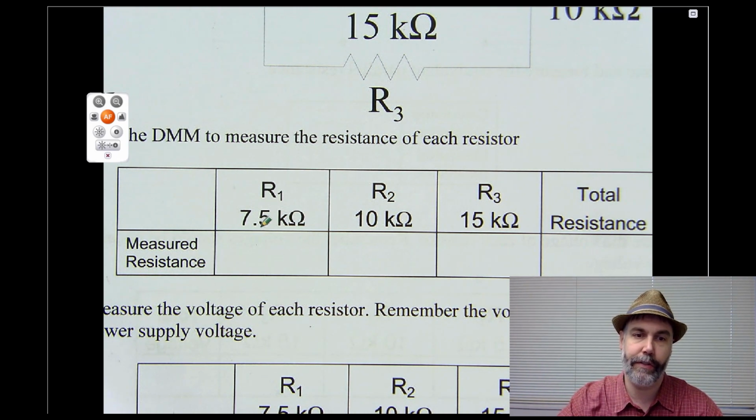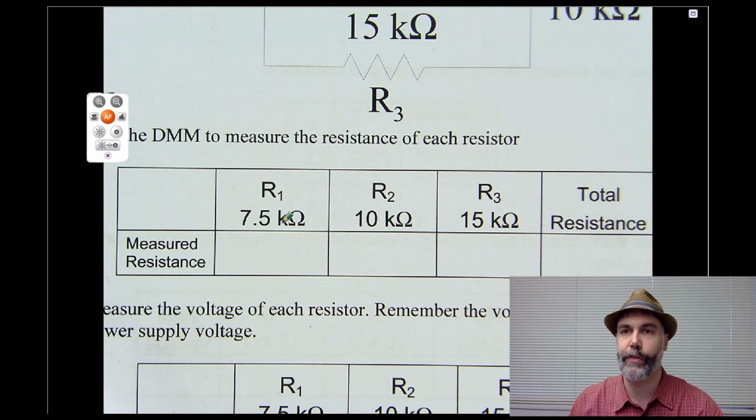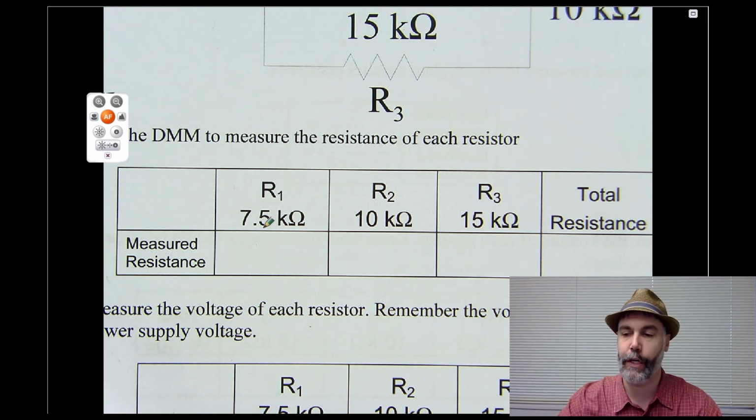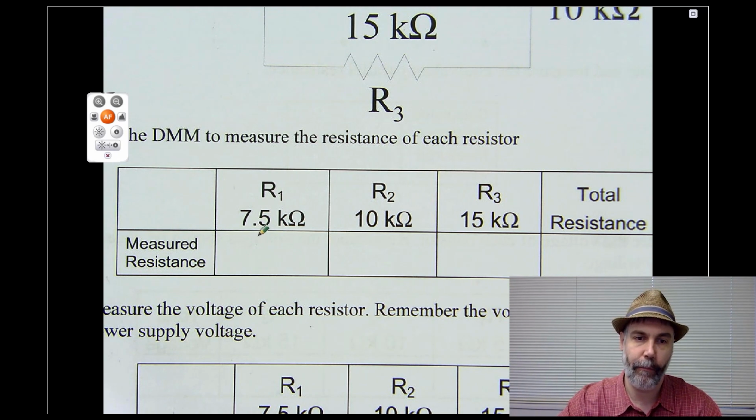The reason is because when the resistor is marked 7.5 kilo ohms, it's got a tolerance on there. So it's never going to be exactly 7.5 kilo ohms. What we want is for you to actually measure the real value of that resistor and then write down with as much precision as you can. So if it's 7.46 kilo ohms, write that, okay?